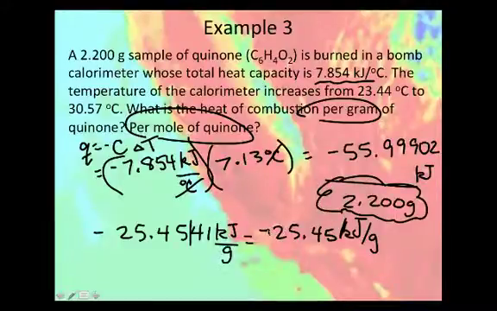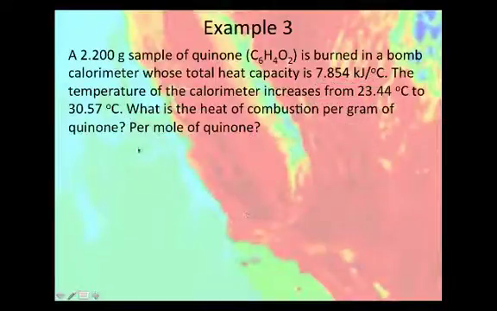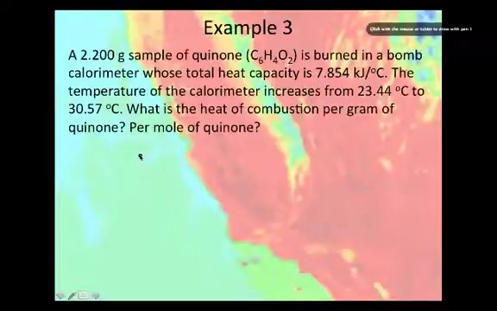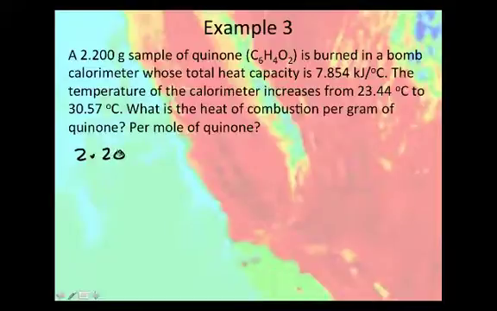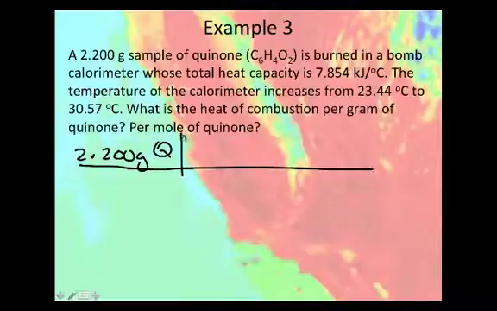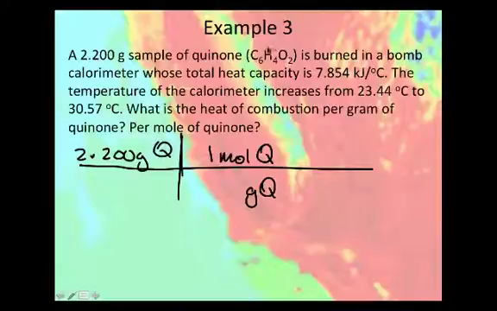I'm going to need some more space. Alright, so if I have a 2.200 gram sample of quinone, which I'm just going to call Q if that's alright with you, and even if it's not alright with you, I'm doing it anyway. And I need to know how many grams of quinone are in 1 mole. So I've got to look at that chemical formula.